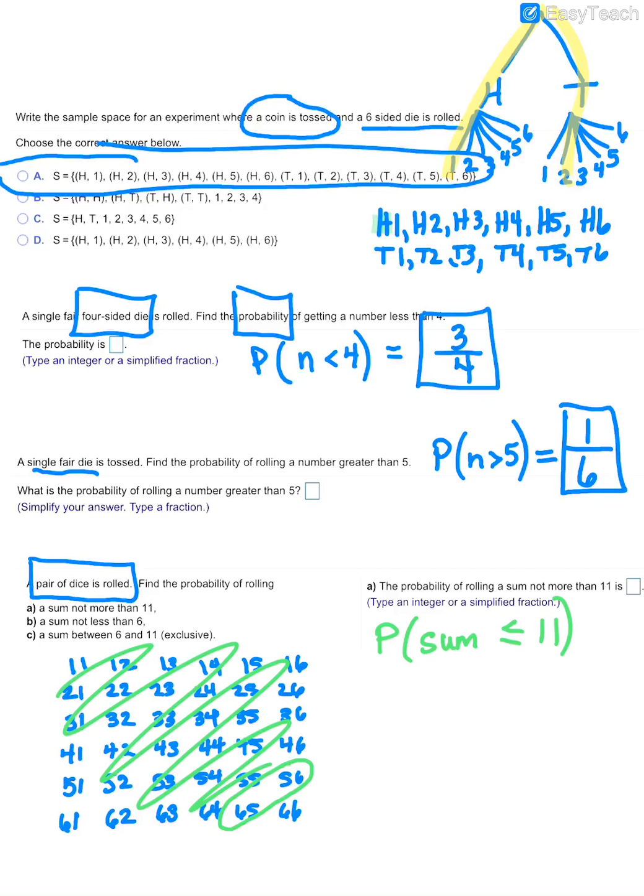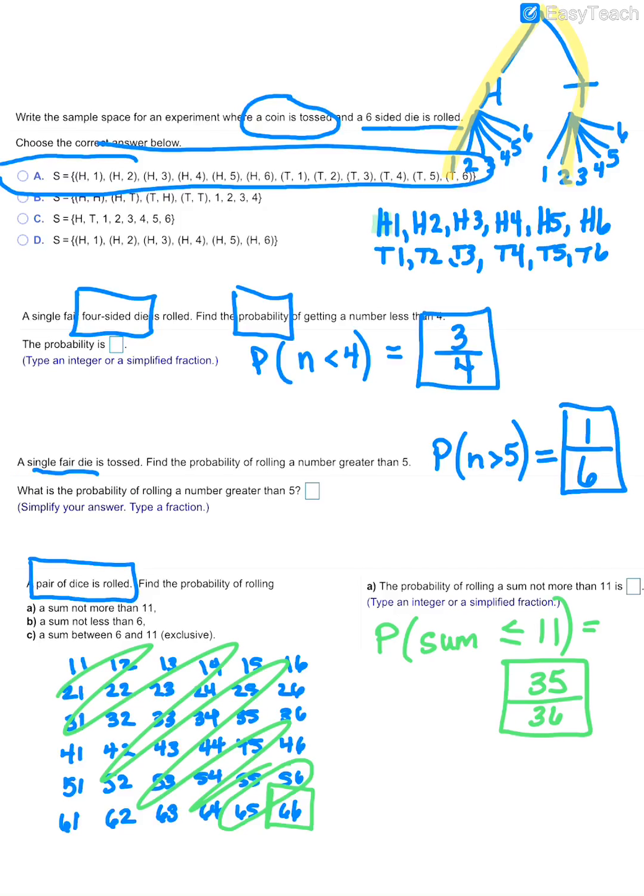So probably the easiest thing to do is to realize there's only one sum that is more than 11. So that would leave the remaining 35 sums that are not more than 11. So 35 out of the 36 total would be the number of sums that are not more than 11.